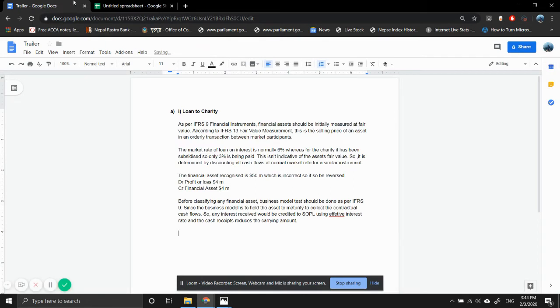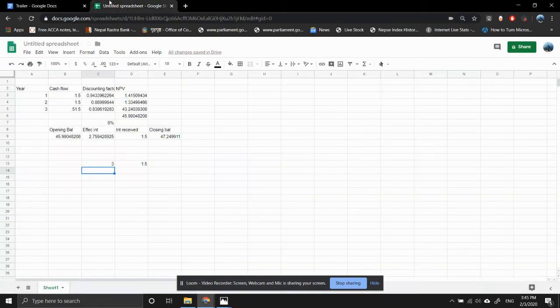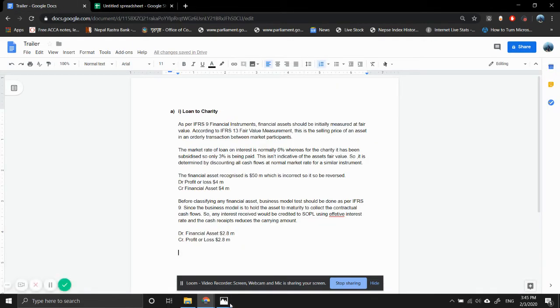But another entry we need to do is debit financial asset $2.8 million, and credit profit or loss, this is finance income, 0.8 million, right? That's pretty much it, I guess.